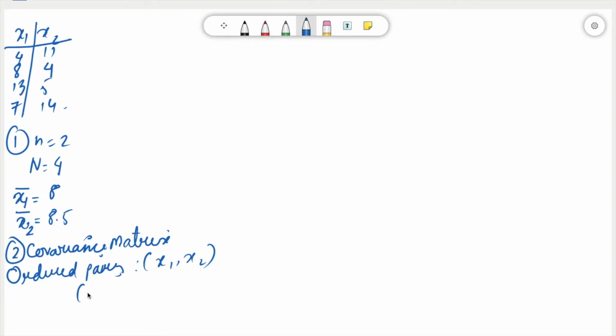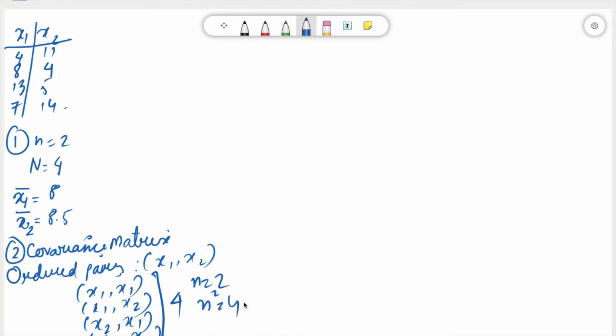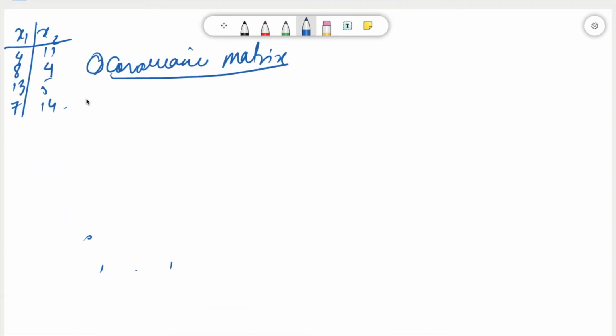Those are x1 comma x1, x1 comma x2, x2 comma x1, x2 comma x2. So we can see that we have 4 ordered pairs. Since n is equal to 2, the number of ordered pairs will be n squared, so this is 4. Now for each ordered pair we have to find the covariance. So let's see, the covariance of x1 comma x1. If we just look at the formula.